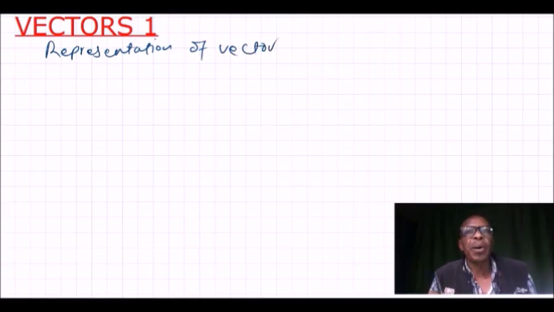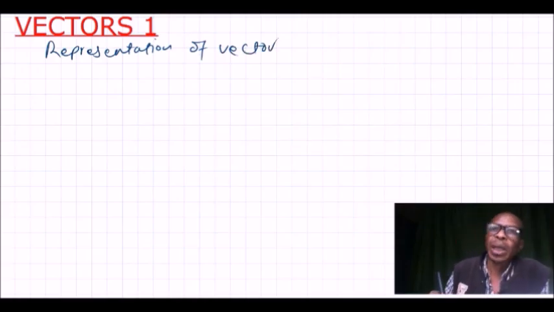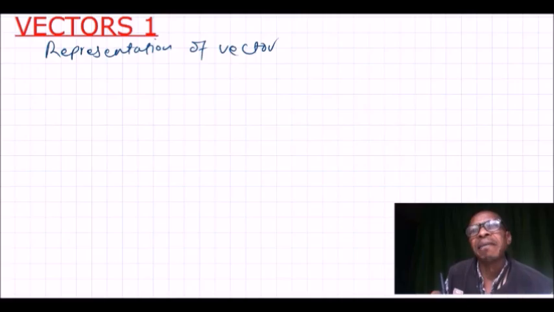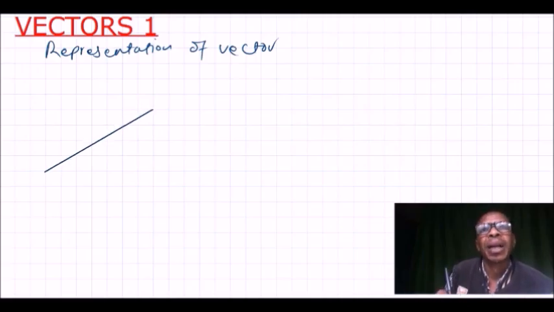Now, since we have defined a vector to be represented by a magnitude and direction, when you draw a vector, you must indicate the direction. For example, if this is vector AB, then it has direction. Then it has magnitude.